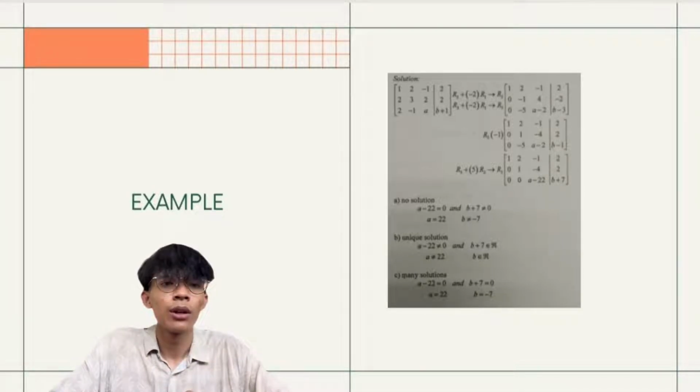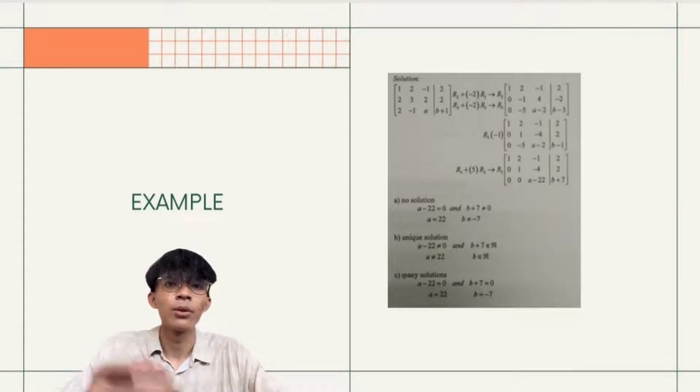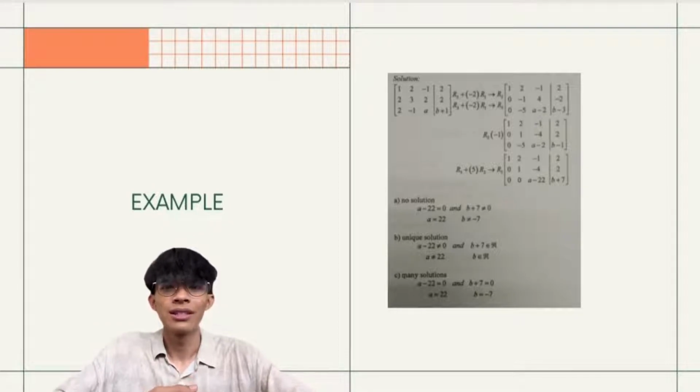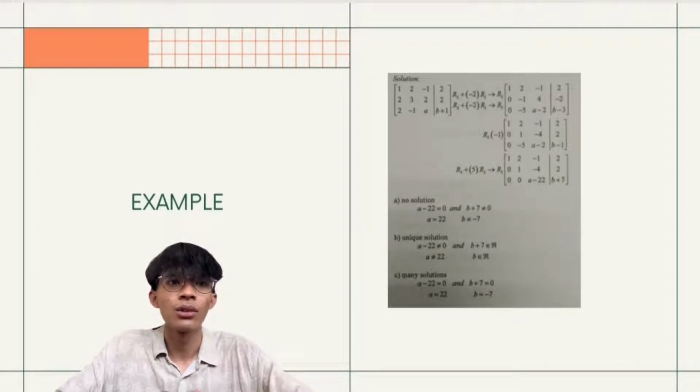Lastly, row 3 plus 5 times row 2 and we get the new row 3. So the answer is: for (a) no solution, we have a equal to 22 and b not equal to negative 7. For (b) unique solution, we have a not equal to 22 and b is this.